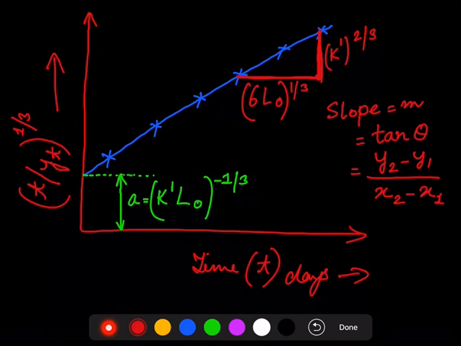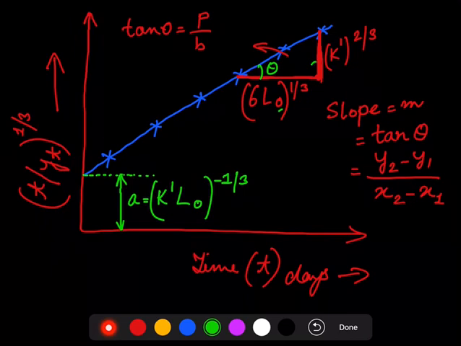So how is slope obtained? You know tan theta equals perpendicular by base. So this is theta. By this you can easily get your slope.